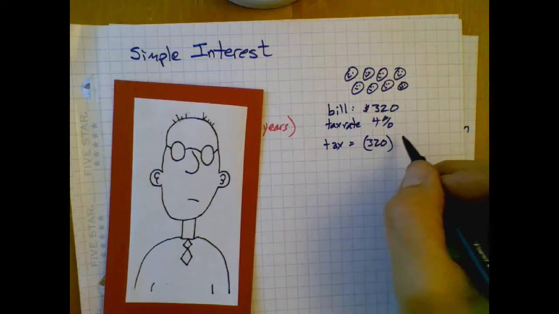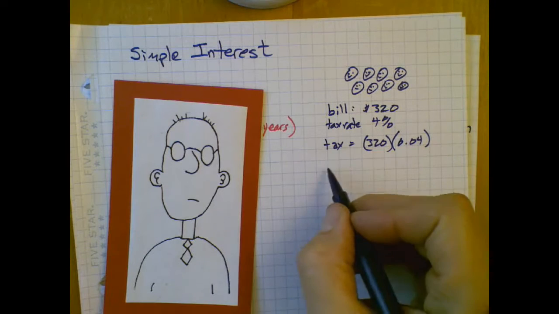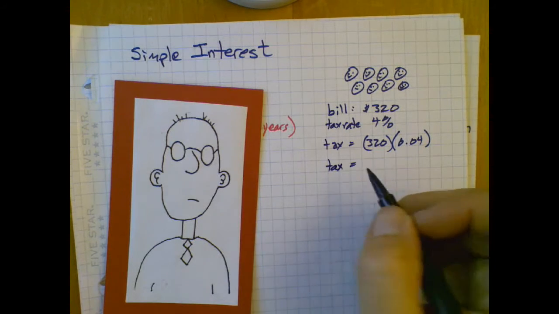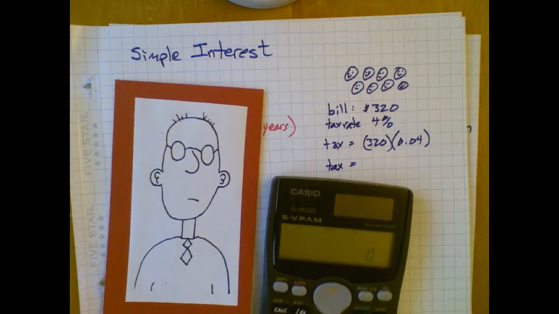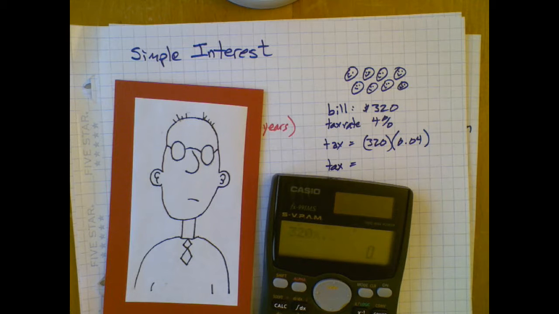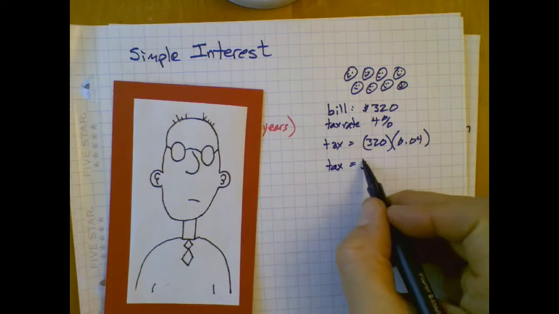And 4% we can write as a decimal number. So the tax I have to pay is going to be 320 times 0.04. So 320 times 0.04 is $12.80. So that's the tax.